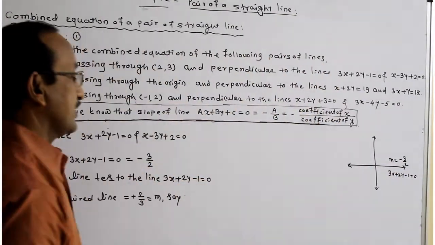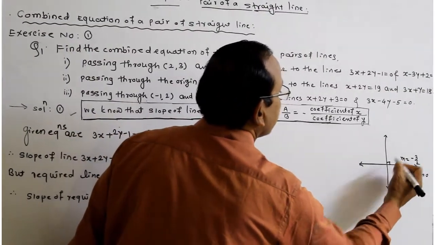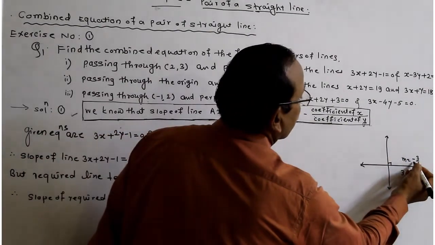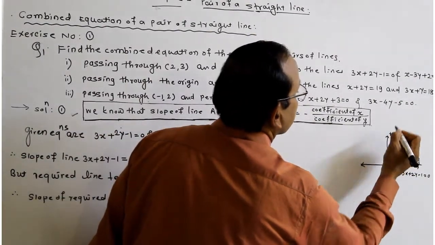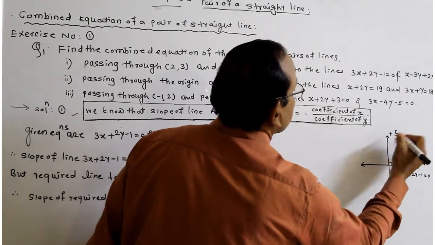But now consider another line perpendicular to this line. Then what is the slope of this line? Here the slope is minus, but in this it is plus, and the reciprocal of 3 by 2 is 2 by 3.